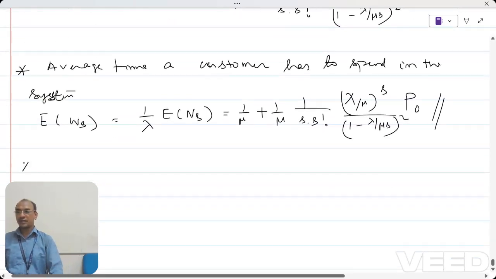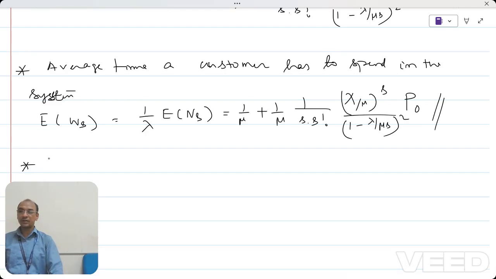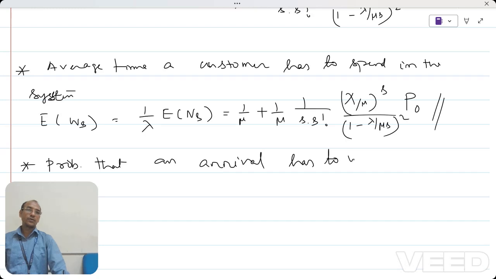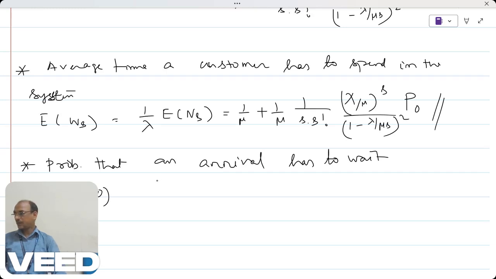The next characteristic is the probability that an arrival has to wait. That means probability Ws is greater than 0, and it is equivalent to probability n is greater than or equal to s, and that means summation n equal to s to infinity pn.